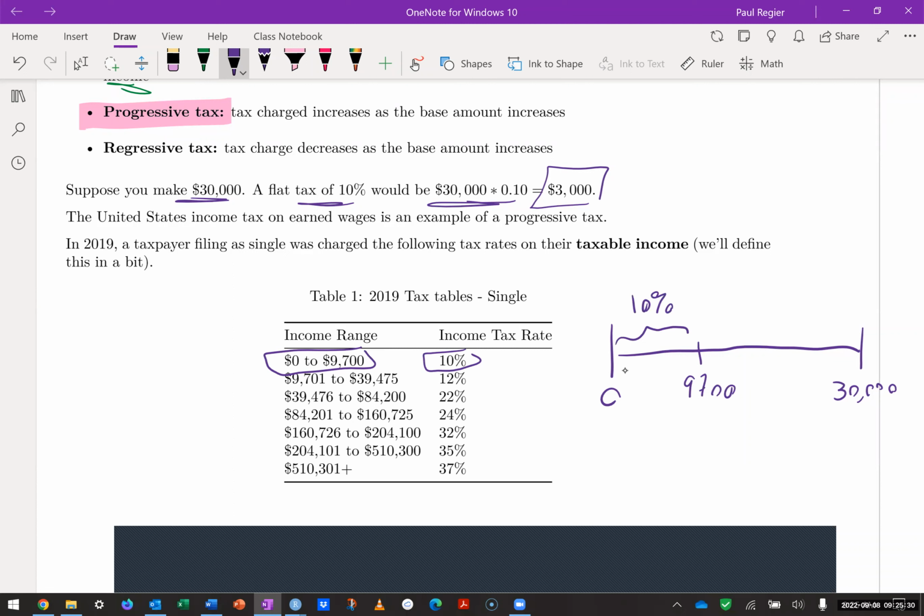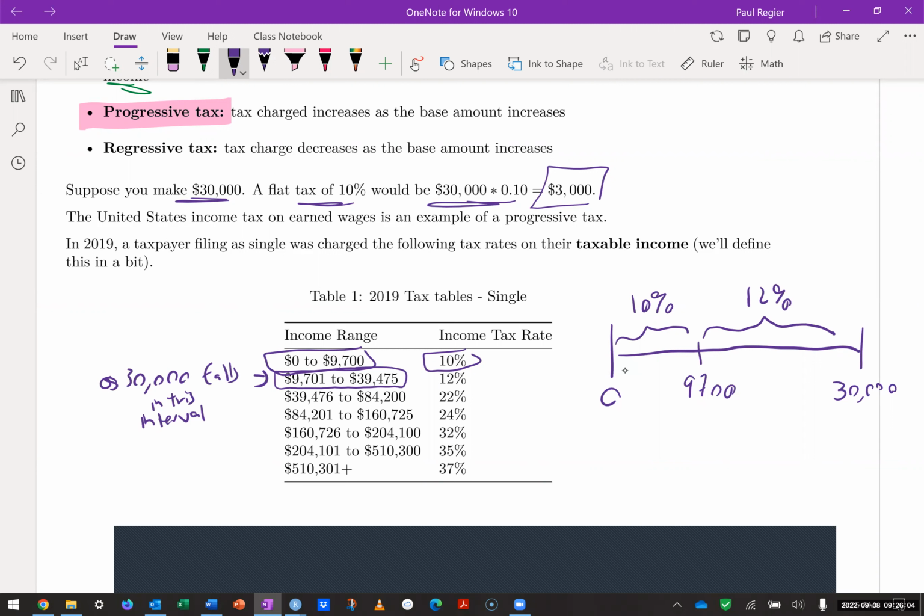And then everything above that, between 9,700 and 39,475, is charged a different rate. Since 30,000 falls in this interval, that's the highest bracket that would be charged. So for this portion of income, we're charged 12%. That diagram, I think, is what really helps understand how we're breaking this up.